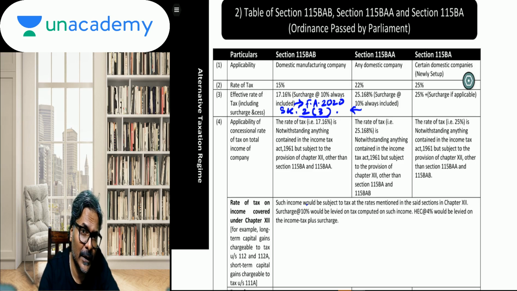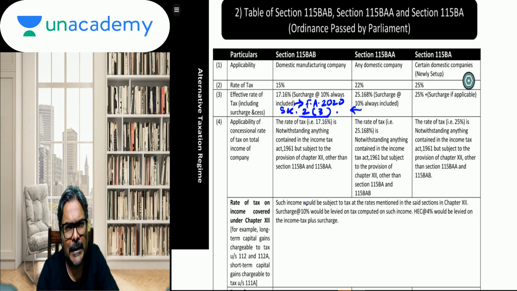But if they have not opted for these two sections, then we all know that the surcharge applicability will arise only when your total income exceeds rupees 1 crore. Only at that point of time does the applicability of surcharge come into play.